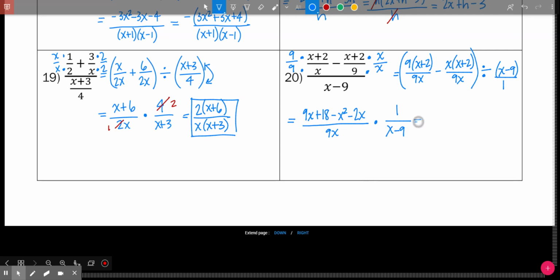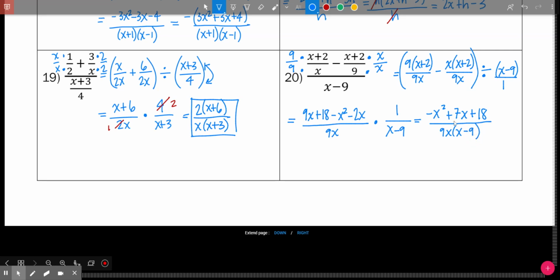So simplifying my numerator a little bit more, this is going to be negative x squared plus 7x plus 18 over 9x times x minus 9.